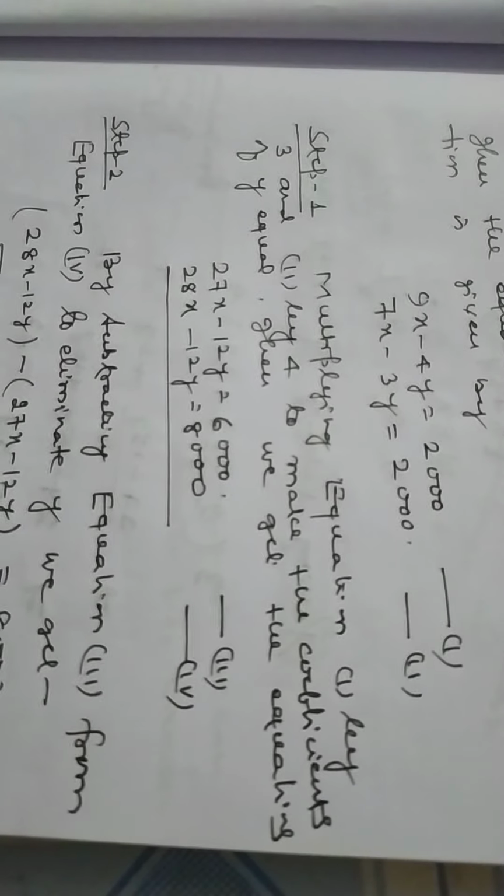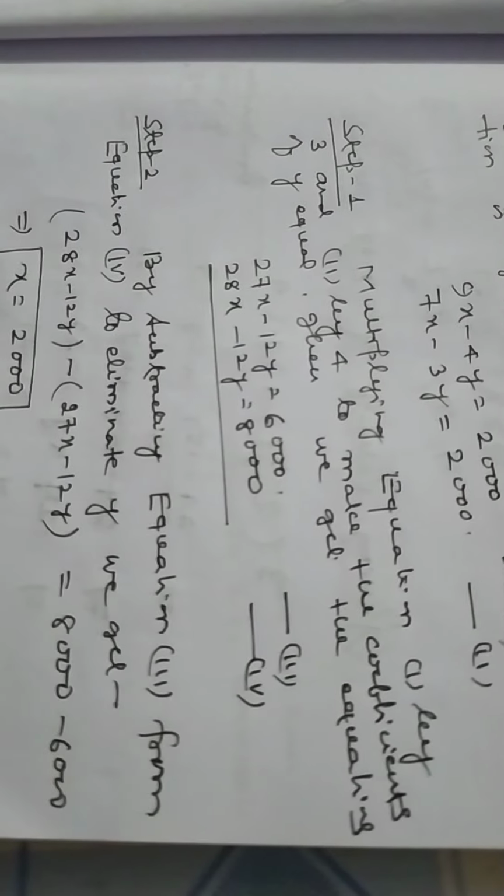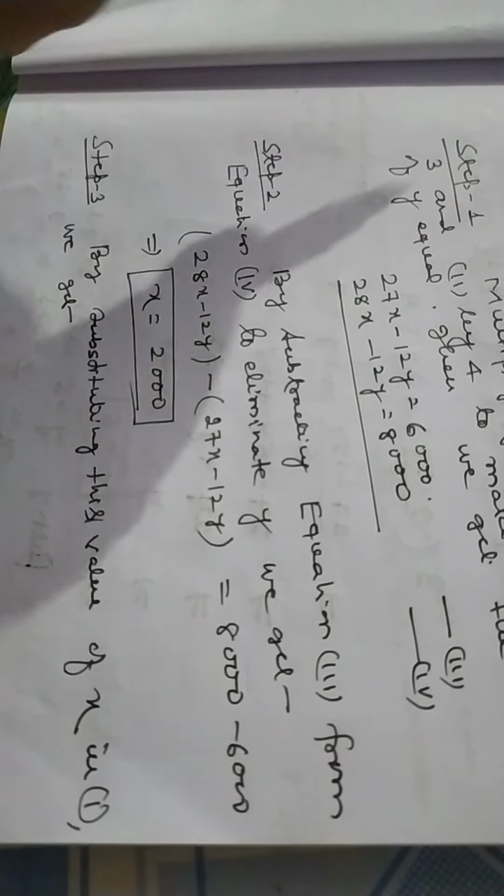So now, what do you observe? We have the value of x is equal to 2000 after simplification. And by putting the value of x is equal to 2000, you can get the value of y is equal to 4000.